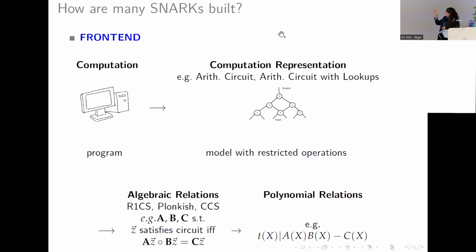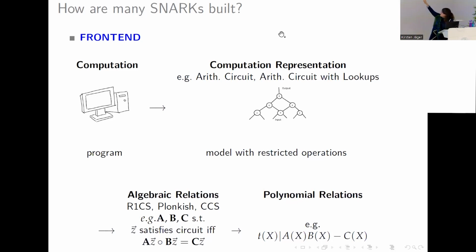Maybe you make it arithmetic circuits with lookup, so you allow another operation, but you could also talk about machine computations or whatever. And then from this, you derive a set of algebraic relations. So this translates into some relations between some vectors. And then you rewrite this algebraic relation as some kind of polynomial relations. I will talk more about this later.